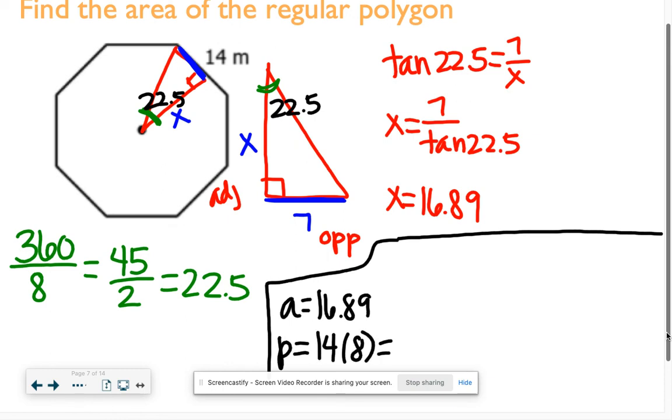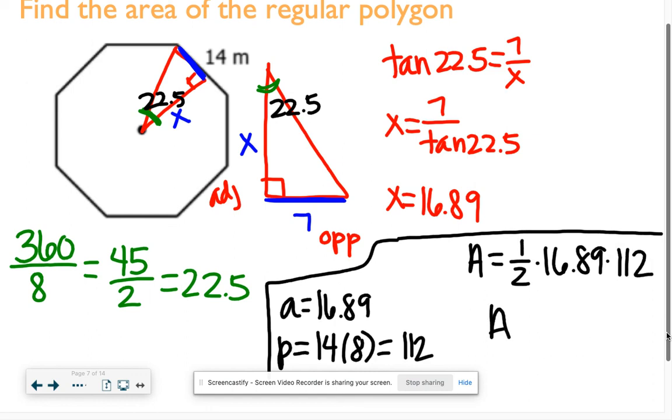So 14 times 8 gives us 112. Now plug into our formula. Half our apothem of 16.89 times our perimeter of 112 gives us a grand total of 945.84 units meters squared.